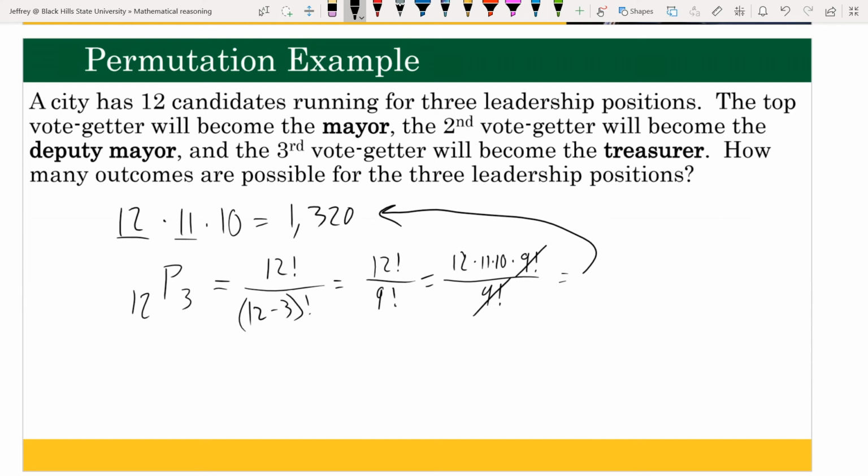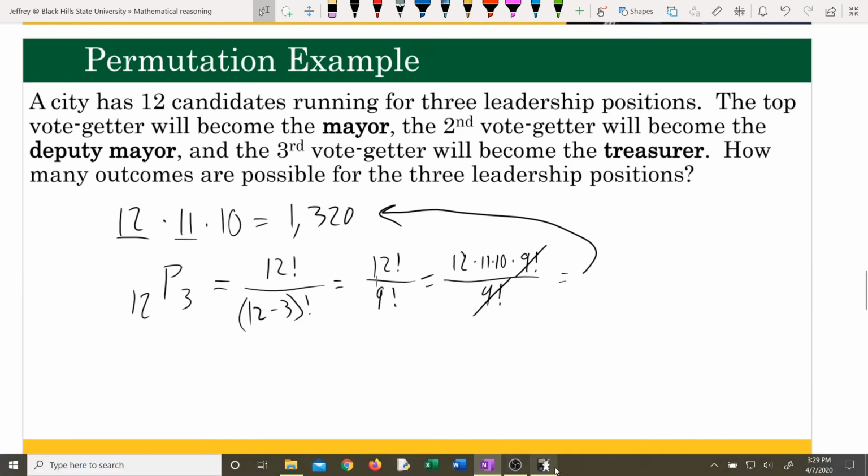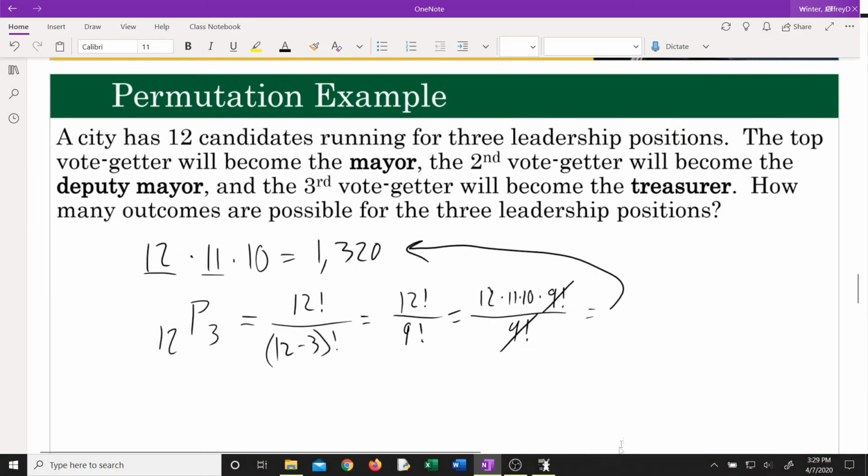Now you may be thinking that this may be more work than the first method I used. However, I can show you one more thing, and that is how to do this on the calculator. Again, everyone's calculator is going to be different, but the way you do this on at least a TI-83 and TI-84 calculator is as follows.